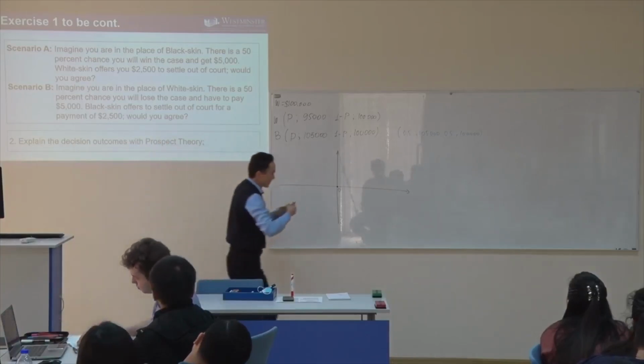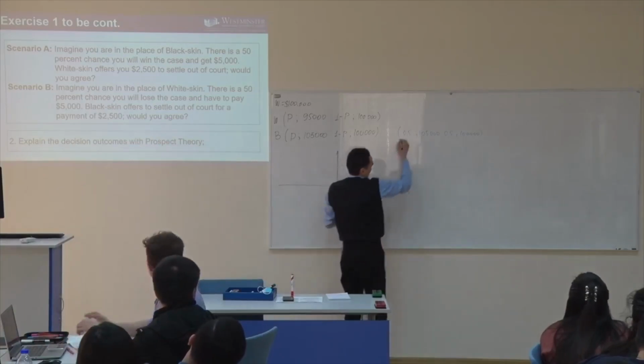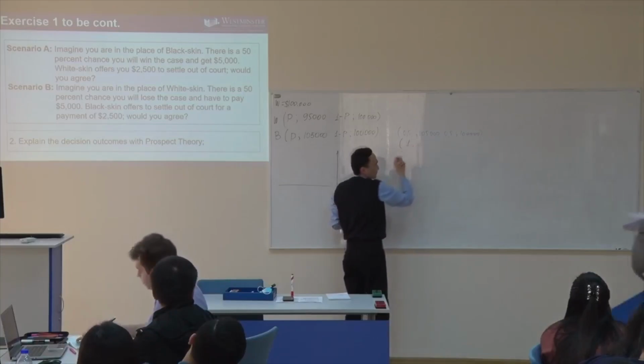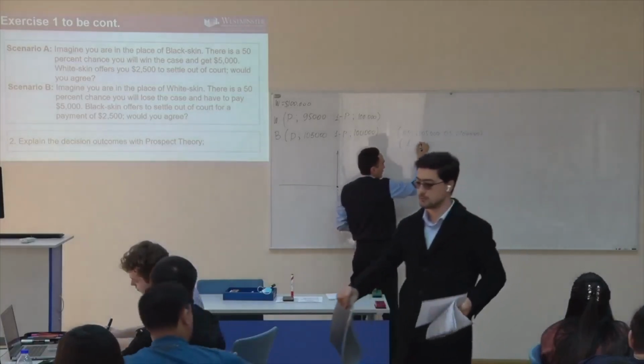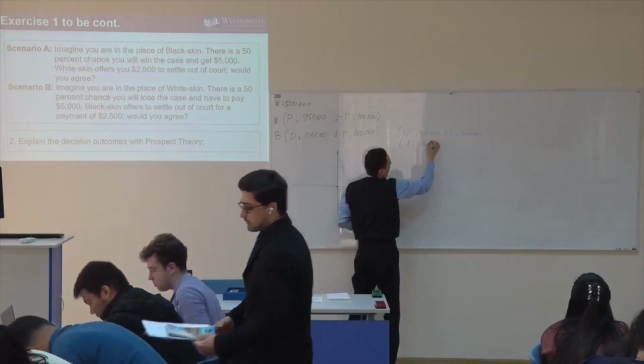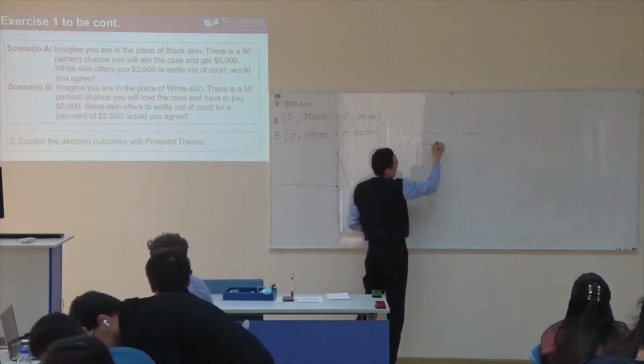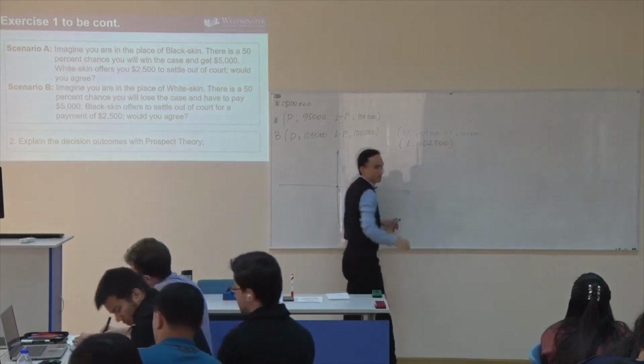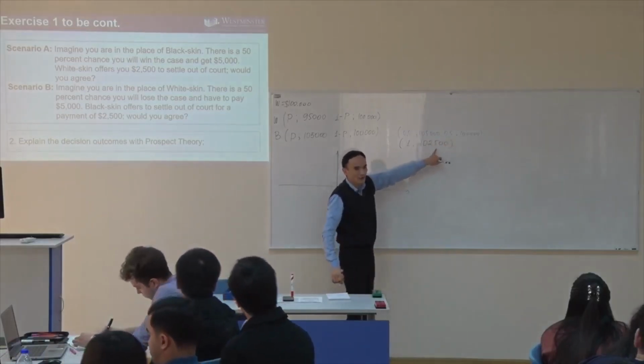All right? So now what that gentleman is doing, he's saying that you will have 100% probability of how much? 102,500, right? Now he's offering this offer.